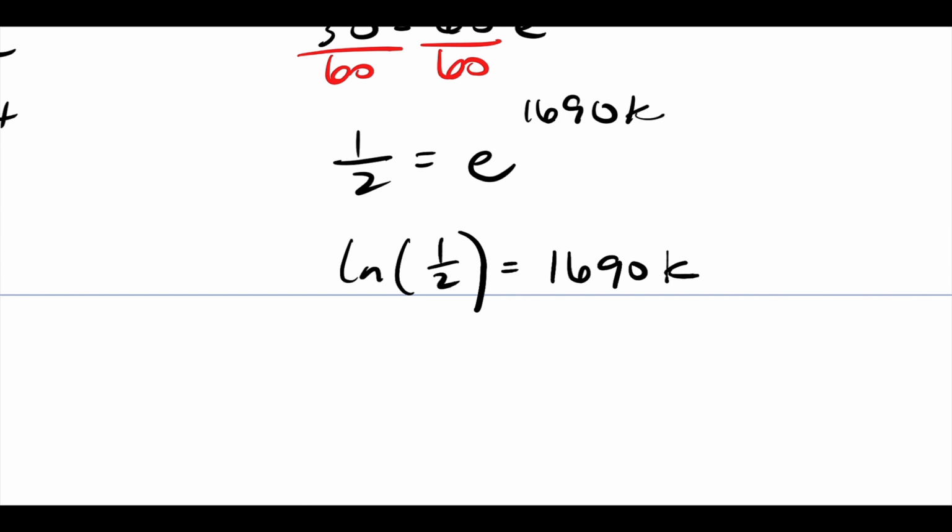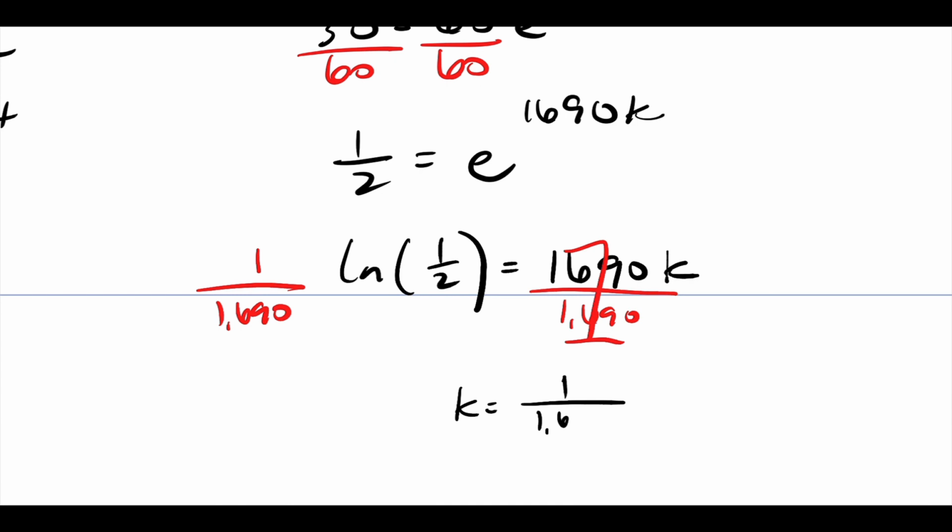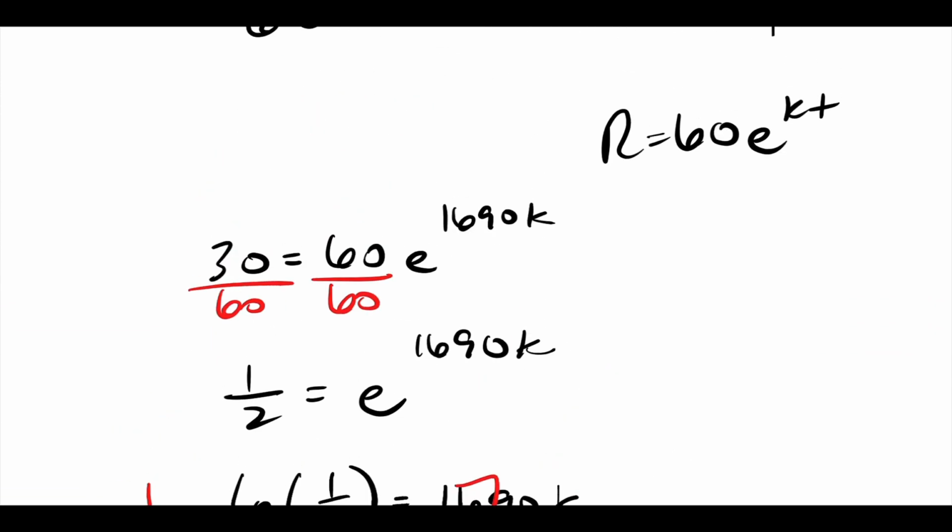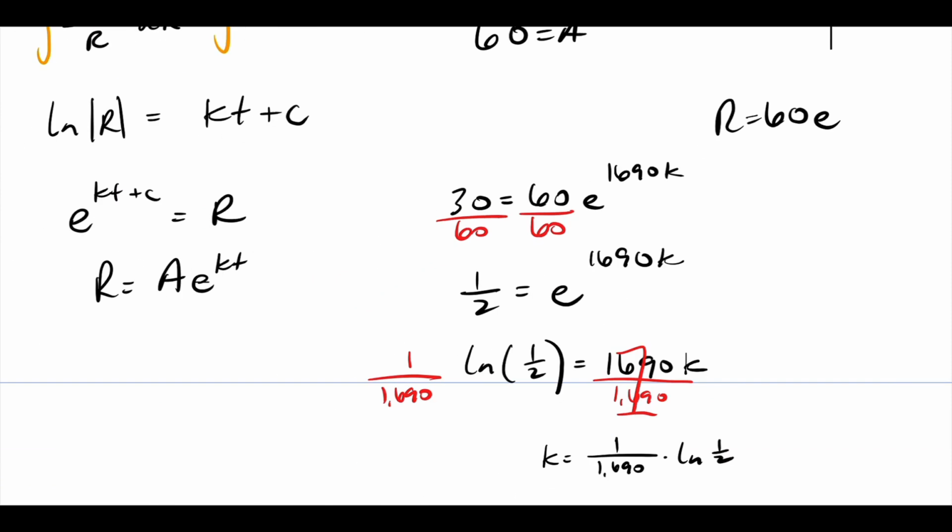Divide. K is equal to 1 over 1,690 times the natural log of 1/2. So that's the equation I'm going to use. Let me change K over here to what K is: 1/1,690 times the natural log of 1/2.